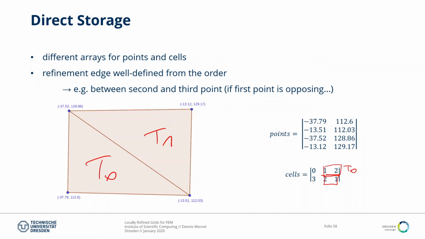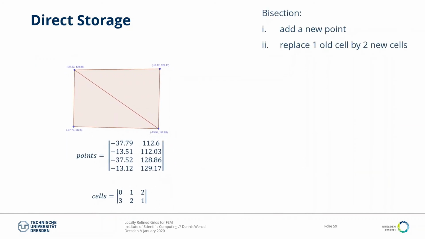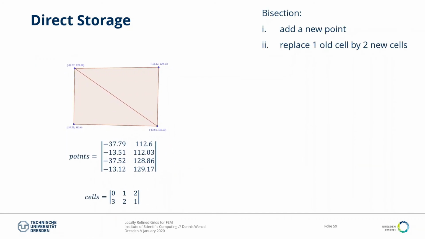Now, if you actually want to do the refinement, then what do you need to do? You need to add a new point, and you have to replace one cell by 2 new cells. So in terms of the points array, it's just an appending, right? You put something here, and for the cells, you need to also cut something out and introduce something new.